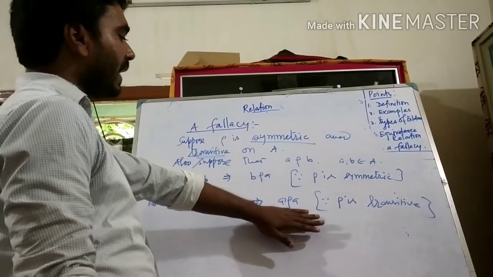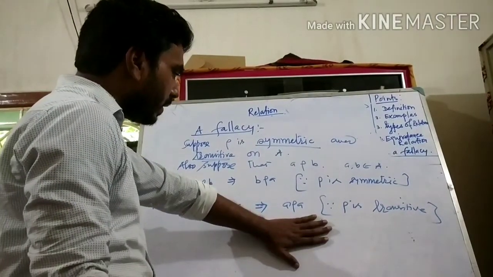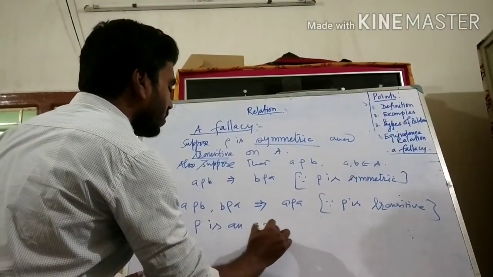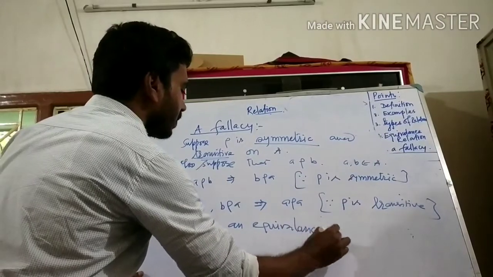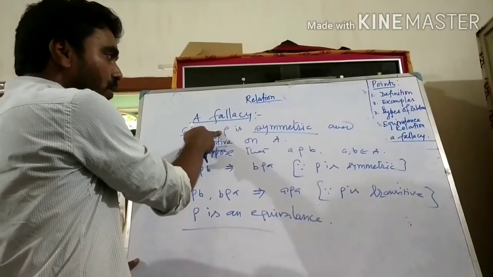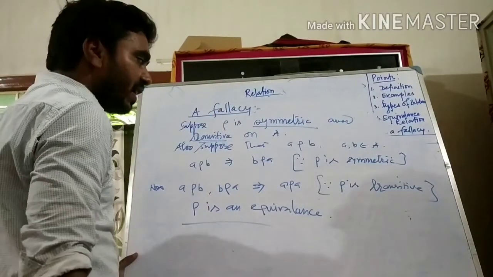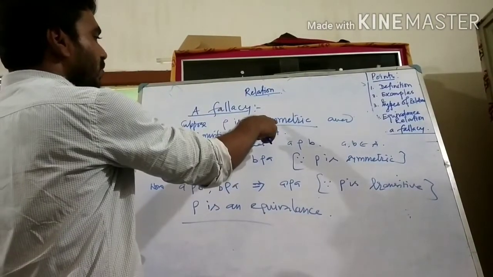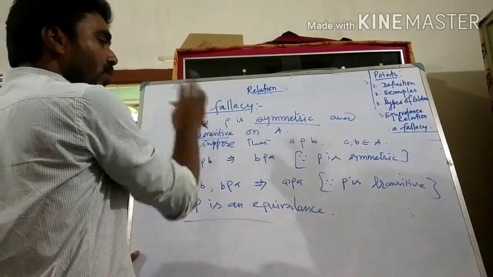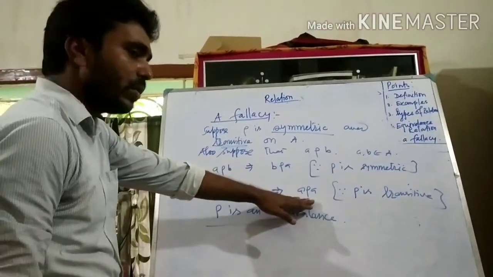So we are getting A rho A holds. So from there, can we say that rho is an equivalence relation? For rho to be an equivalence relation, we have to prove that rho is also reflexive, because we have already assumed symmetricness and transitiveness. So for an equivalence relation, rho must also be reflexive. So from our discussion, can you say that rho is reflexive?